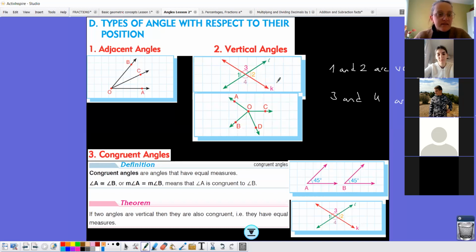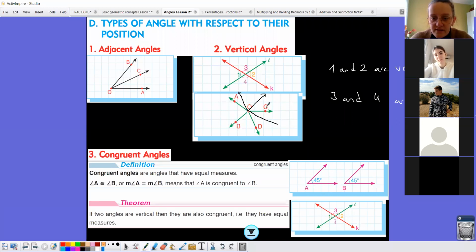Look here, what we said, that vertical angles are formed by intersecting lines. But here, if I continue the lines, AOB will be vertical with this angle here.